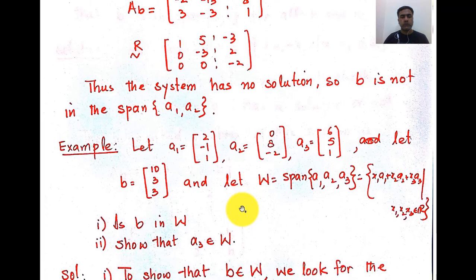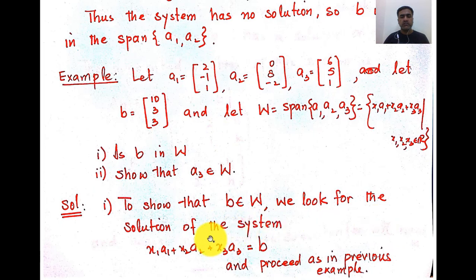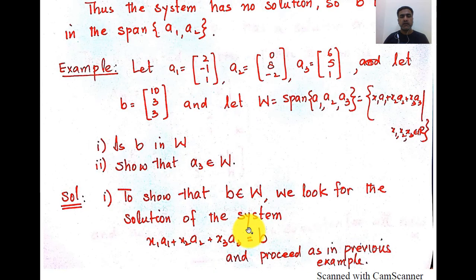Now there are two questions basically: is B in this set W, and show that A3 is in W. Now to show that B is in W, we look for the solution of the system x1 A1 plus x2 A2 plus x3 A3 equals B, and we proceed as in the previous example. If this system has a solution, we will say that B is in W, and if this system has no solution, then we will say that B is not in W.